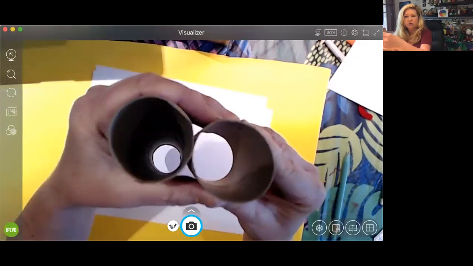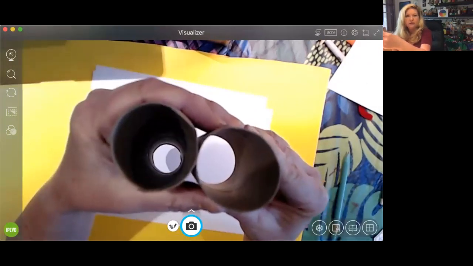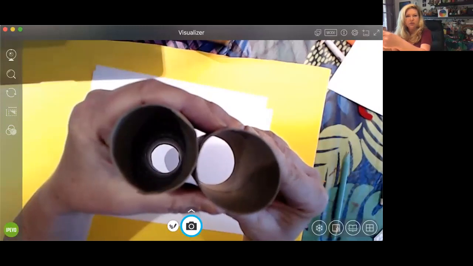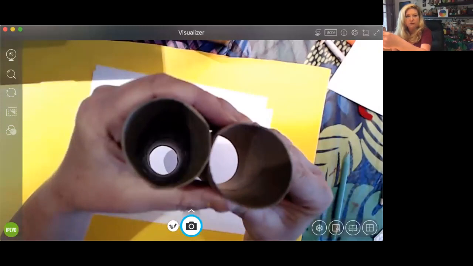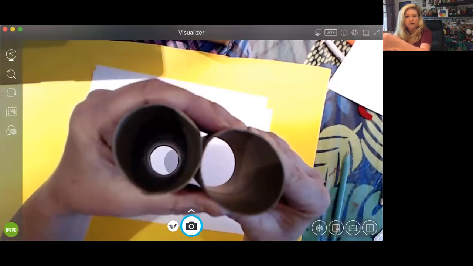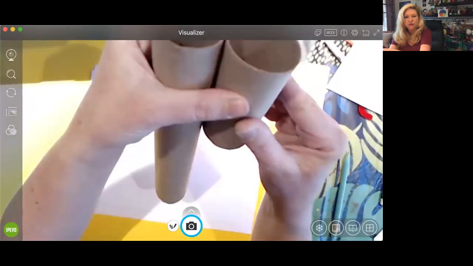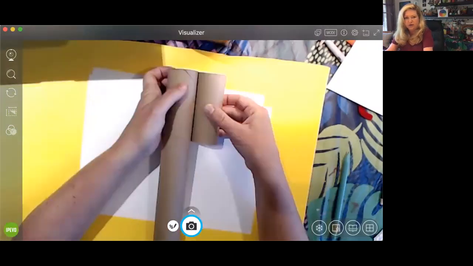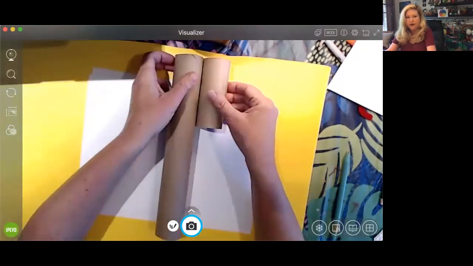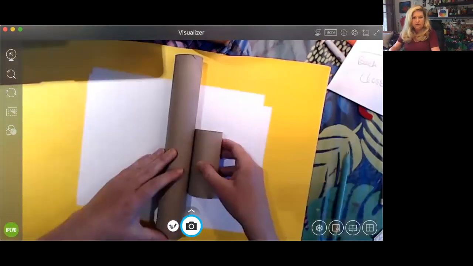Maybe these two tubes are the same size. Your brain is sitting here going, I'm not sure. But the minute I change your perspective, you suddenly start to see that one tube is much taller than the other tube by a lot, even more than double.